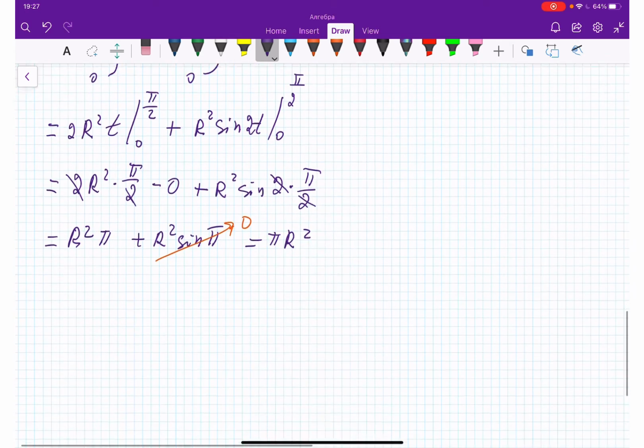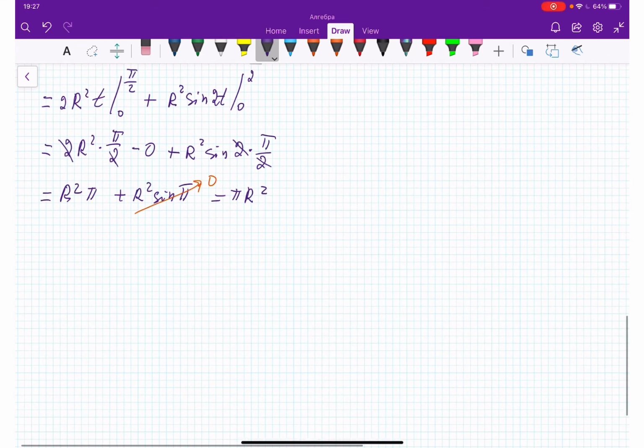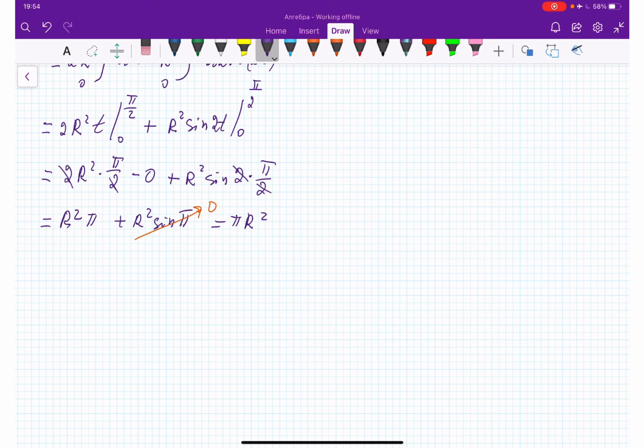And I will go over the third method also. All right, the third method of calculating the area of a circle via integral. We know the formula for a circle is x squared plus y squared equals r squared.